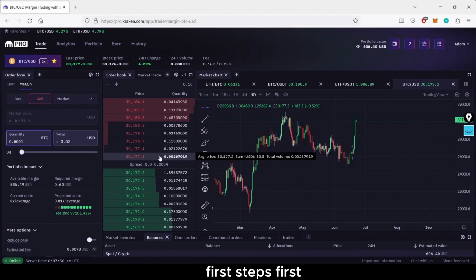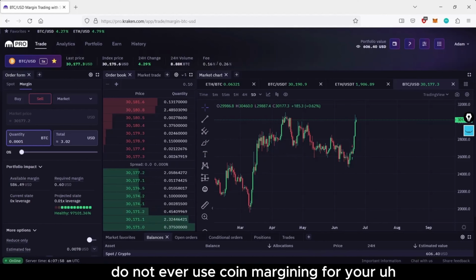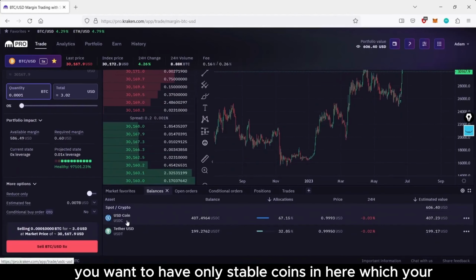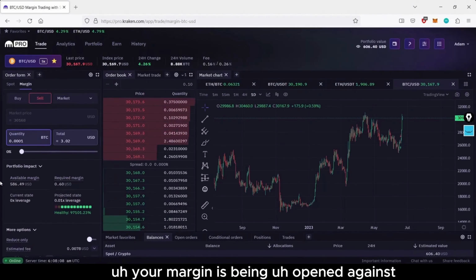First steps first. Do not ever use coin margining for your futures trades. With your balances, you want to have only stable coins in here, which your margin is being opened against.